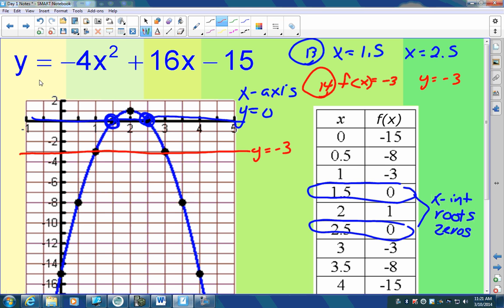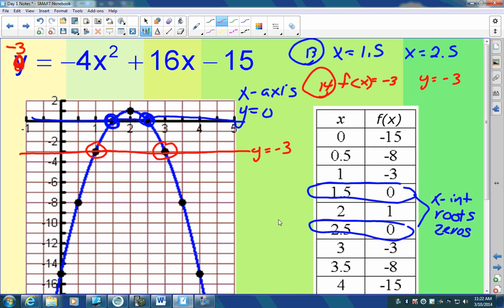Now, what it's saying is if I have this equation up here and it says -3 equals -4x squared plus 16x minus 15, you're trying to find your x numbers when y is -3. So I'm looking here and here.